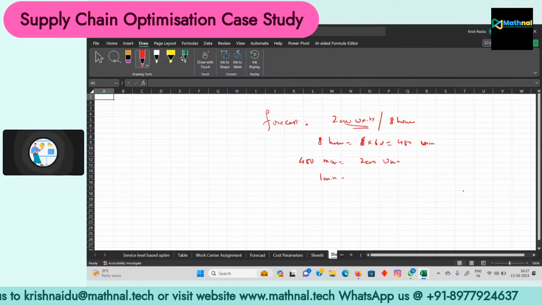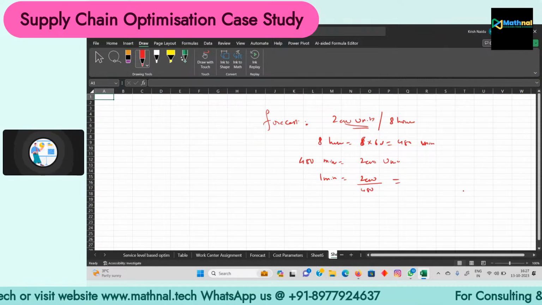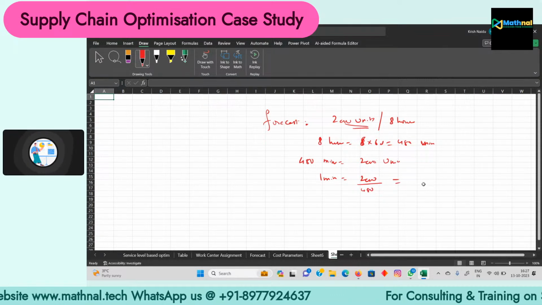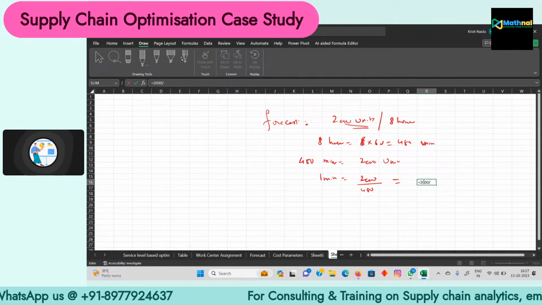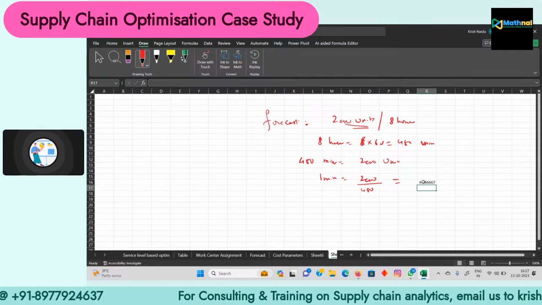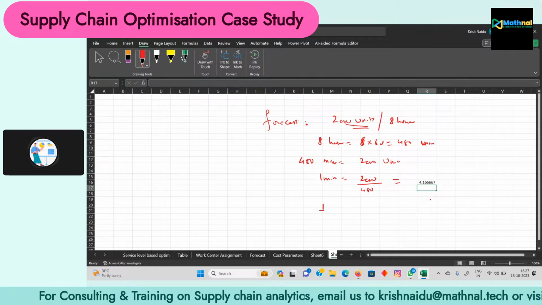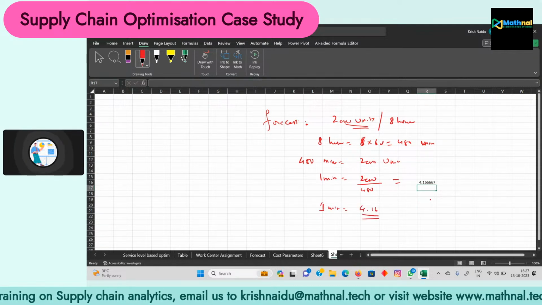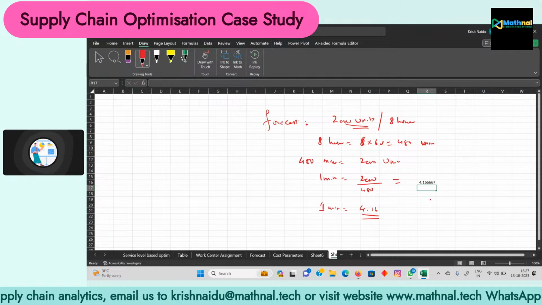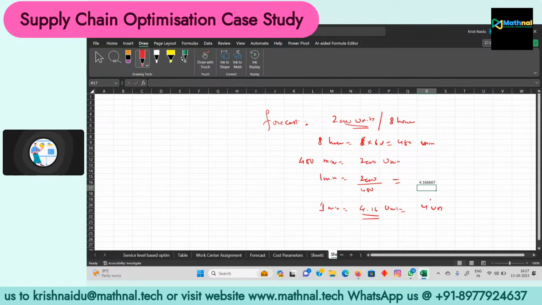In 1 minute, how much do you have to produce? 2000 divided by 480, which comes to around 4.16. So in 1 minute we need to produce 4.16 units, which is, let's say, 4 units in 1 minute.